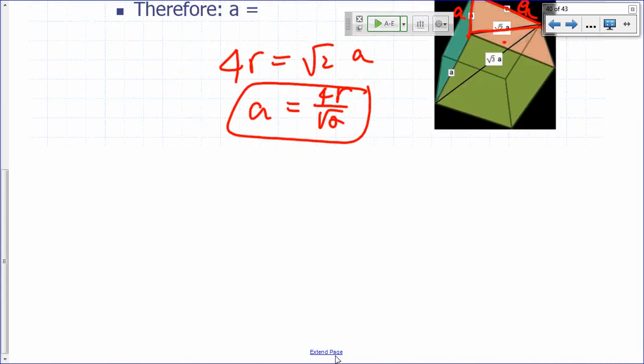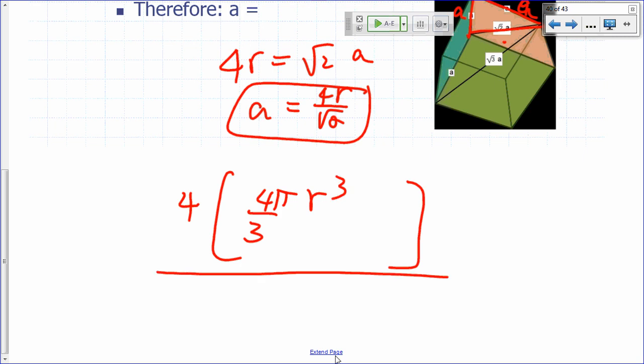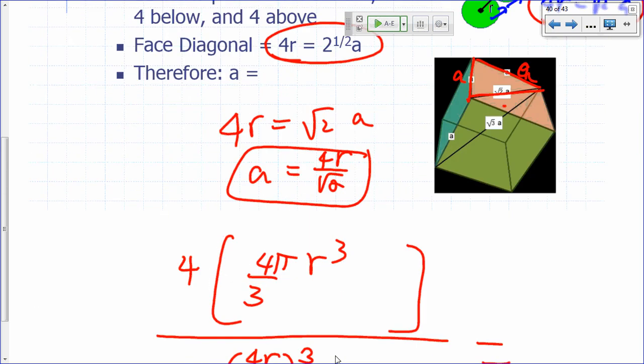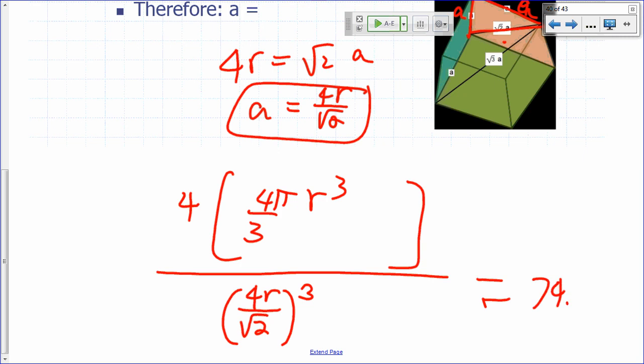So your packing efficiency is going to be equal to what? 4 times the volume of a sphere, which is 4/3 pi r cubed, and then your volume of a cube is 4R over square root of 2 cubed. You should be able to show that this comes out to how many percent? 74.5%. Okay, so this is a much tighter packing of the particles within your unit cell.